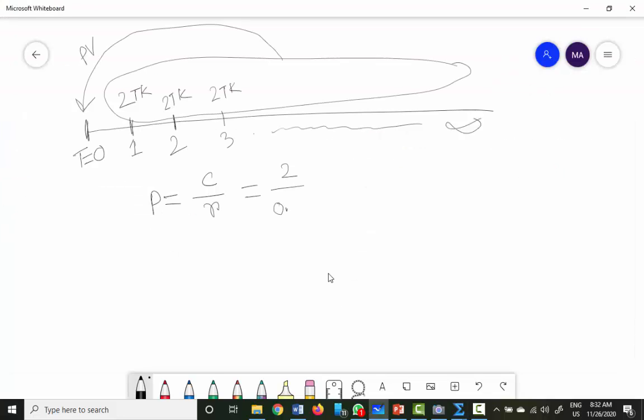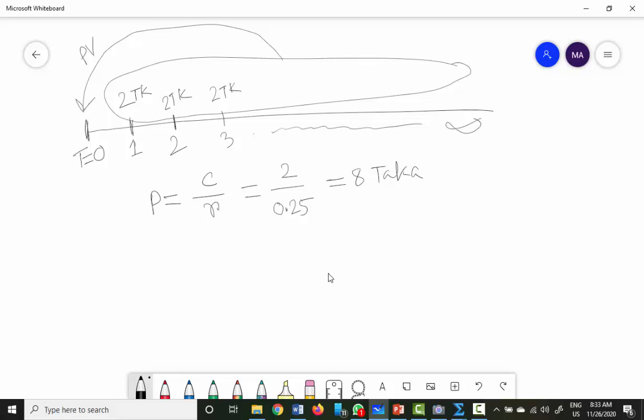You need to use it in decimal, right? So 2 divided by 0.25, that means 8 taka. So 2 divided by 0.25, we will get 8 taka.